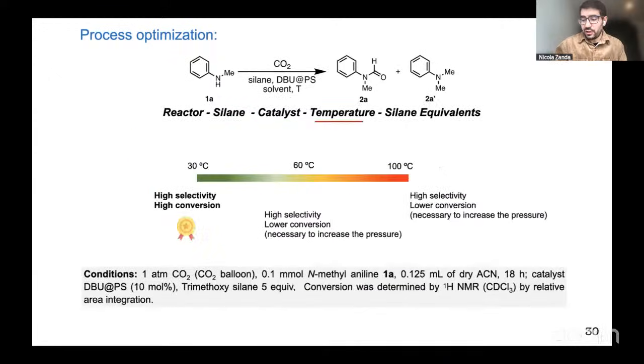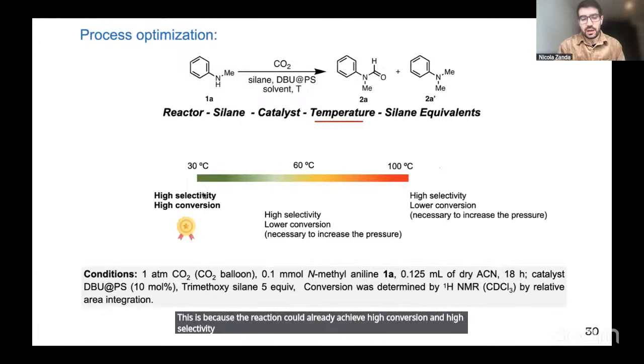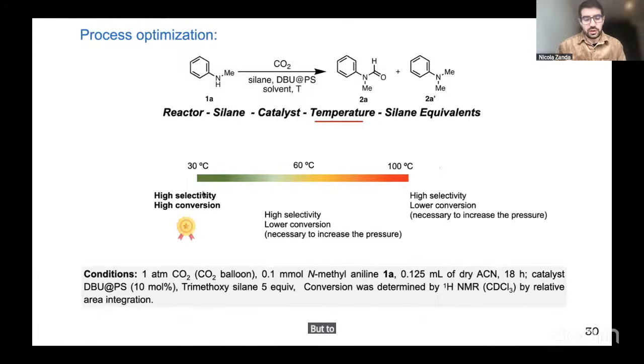With the catalyst on end, we also screened the temperature, and this was not done for the optimization in batch, but more to collect information about a possible intensification in continuous flow. This is because the reaction could already achieve high conversion and high selectivity at 30 degrees, but to achieve high conversion in flow in reasonable times, you usually need to also increase the temperature.